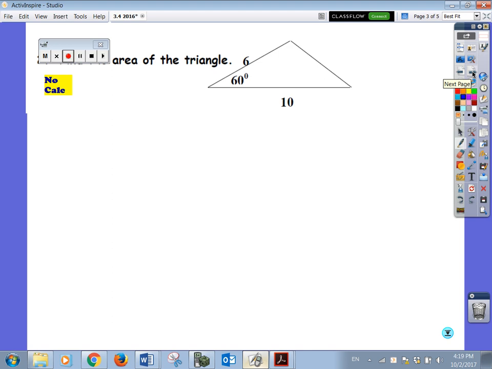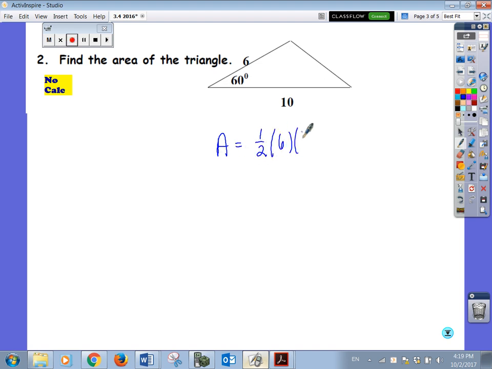All right, here it just gives you a picture. Again, it's an angle that we know. So the area of this triangle, 1/2 times one side times the other side times the sine of the included angle. This is a formula you will have to memorize. You will not be given formulas on tests and quizzes.